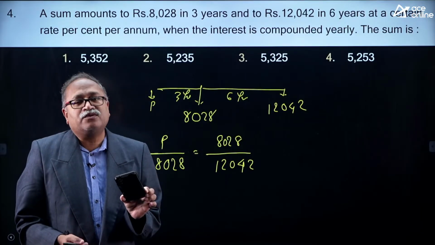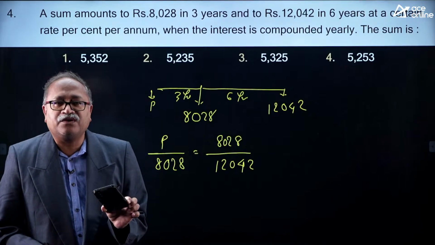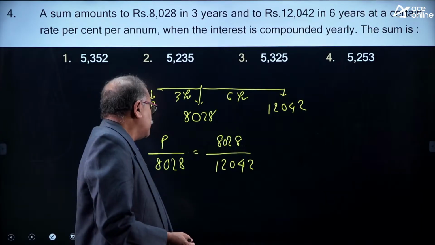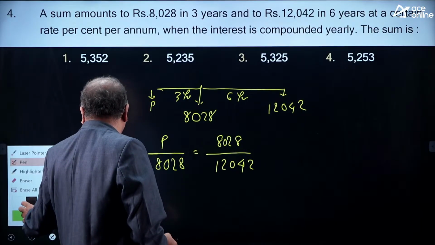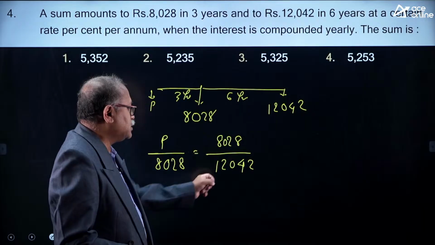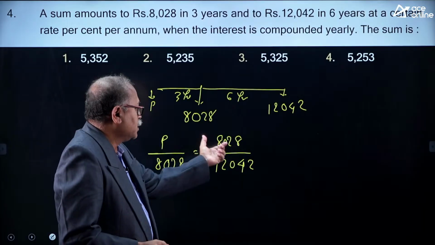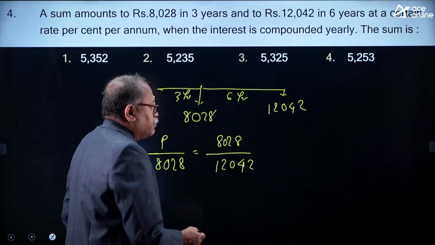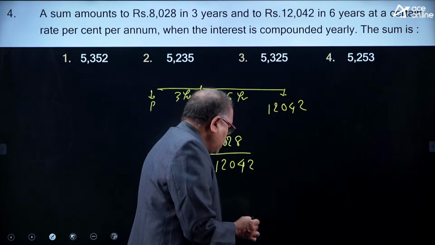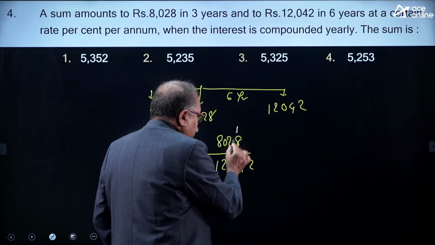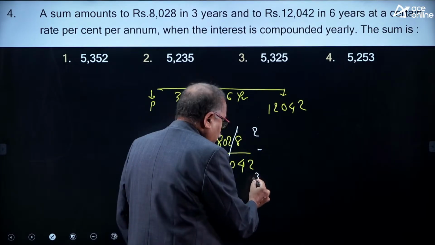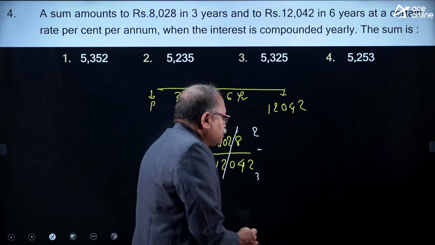Okay. Now you know the calculation is very important, whether it's RRB, SSC or banking. So you are expected to know that this gets cancelled 2 times and this gets cancelled 3 times. So 4 2s are 8, 4 3s are 12. So you can directly write down, this is 2 times and this is 3 times.